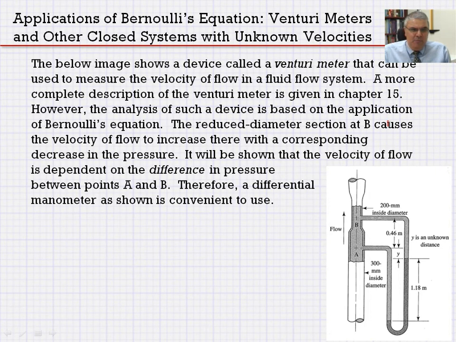But again, if you want to analyze such a device, we are going to apply the principles of Bernoulli's equation. Anywhere we have a reduced diameter, we would adjust it accordingly. If we don't, then we don't need to make the modifications as I discussed previously. So the reduced diameter section at B causes the velocity of flow to increase with a corresponding decrease in pressure, right?